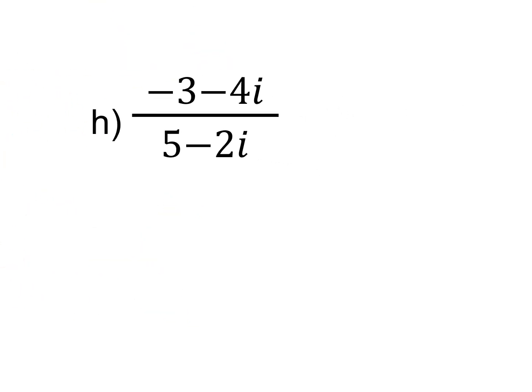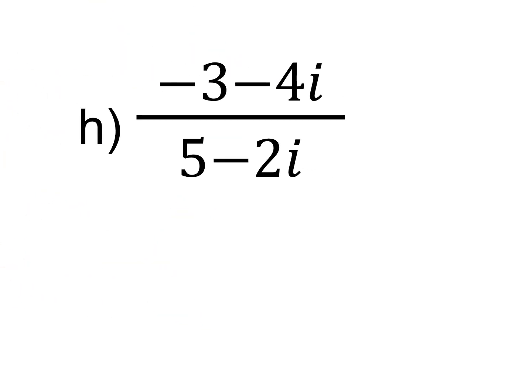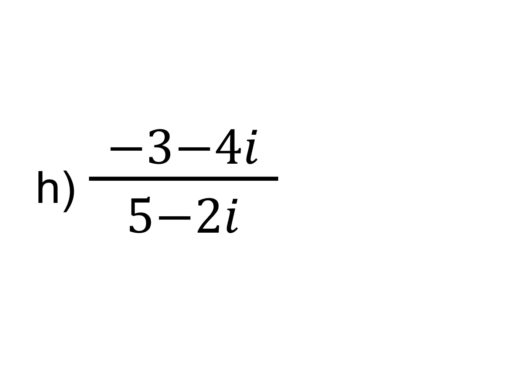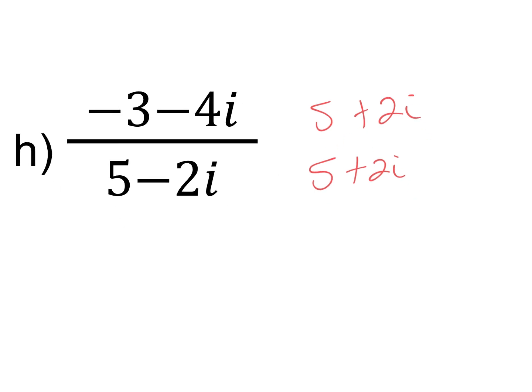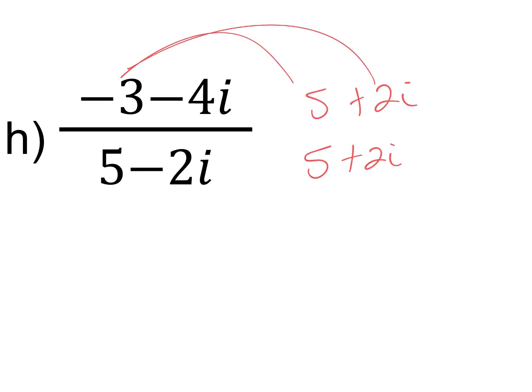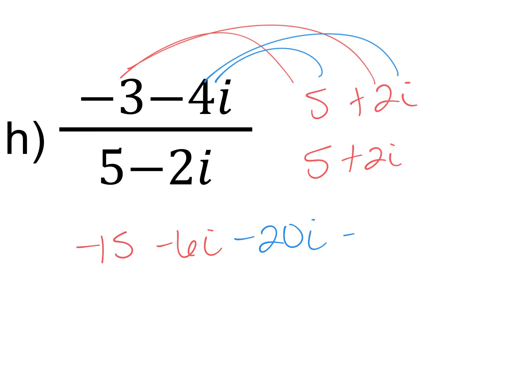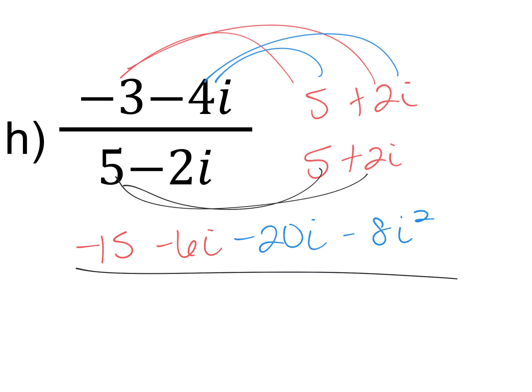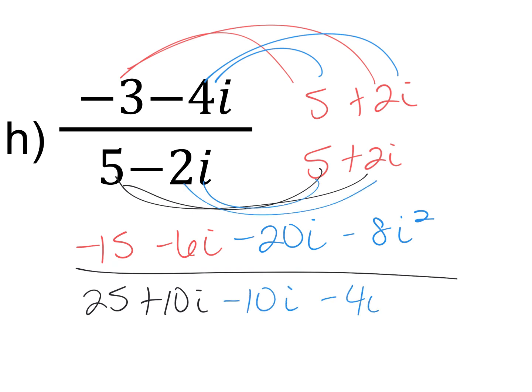Okay. Let's do one more. So we've got, let's multiply by the conjugate. 5, how many times am I going to do that this video? 5 plus 2i to both the top and the bottom. Distribute. So that would be negative 15 minus 6i minus 20i minus 8i squared all over 25 plus 10i minus 10i minus 4i squared.